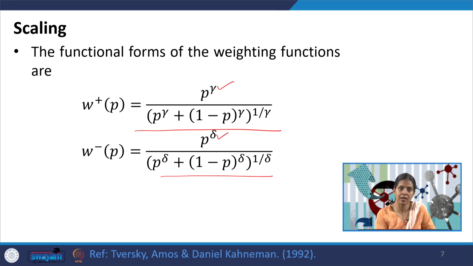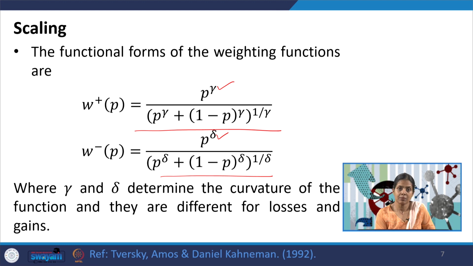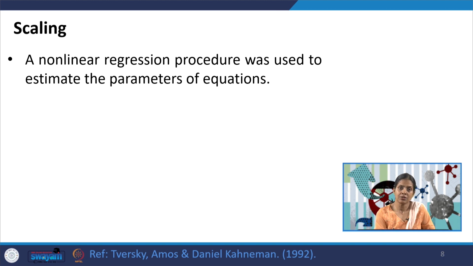Here it is gamma, and for negative it is referred to as delta, where gamma and delta determine the curvature of the function and they are different for losses and gains. A nonlinear regression procedure was used to estimate the parameters of the equations.